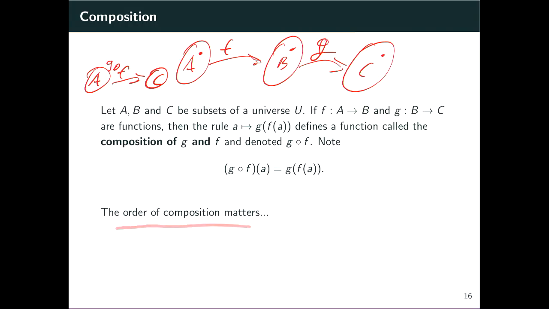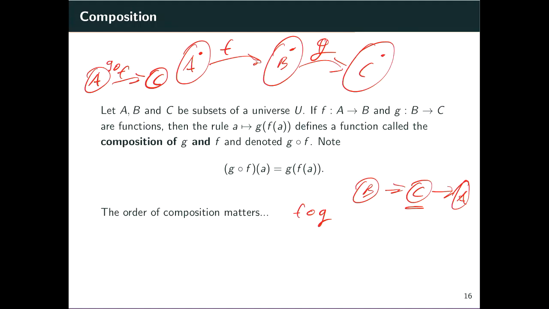And then another thing to remember is the order of composition matters. If I did write f circle g, then this wouldn't make any sense because g is mapping from B to C, and f is mapping from A to B, so you can't map an element of C to A using any of the functions that we've defined here.